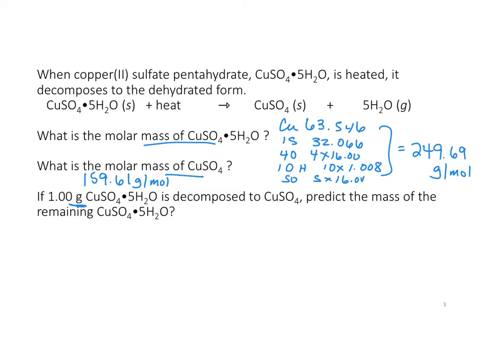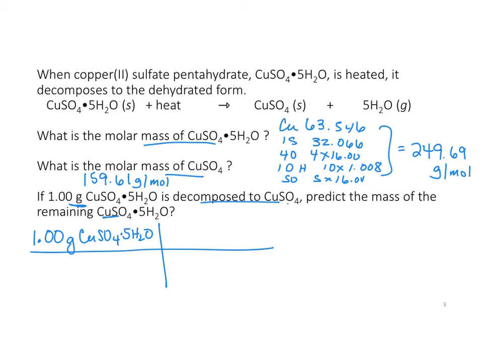So we have a number with a unit, that's where we start. If 1 gram of copper sulfate pentahydrate, and you always want to write the substances down because sometimes you're going to change them, is decomposed to copper sulfate, predict the mass of the remaining copper sulfate. So if you take 1 gram, what's our plan?